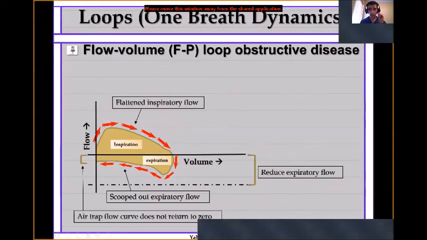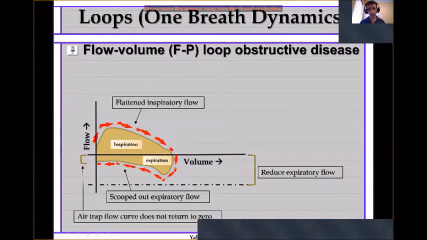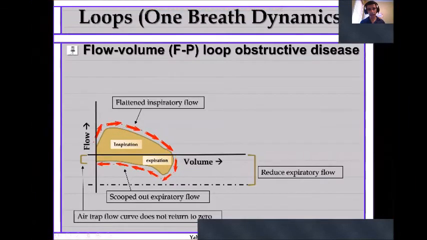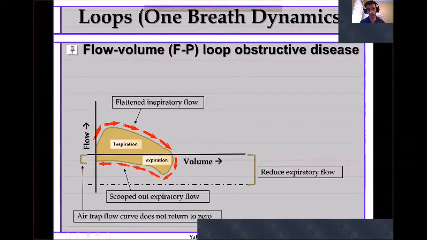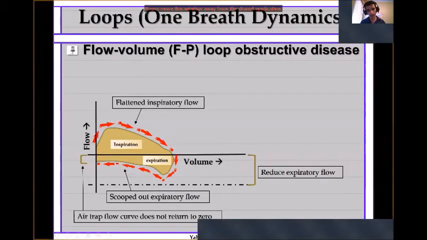So again, flow volume loops are very important to differentiate between obstructive and restrictive lung disease. In obstructive lung disease, you get less volume because you're sending less inside. So you have a flattening of the expiratory phase, a blunting or scooping of the expiratory phase, and a reduction of the expiratory flow.